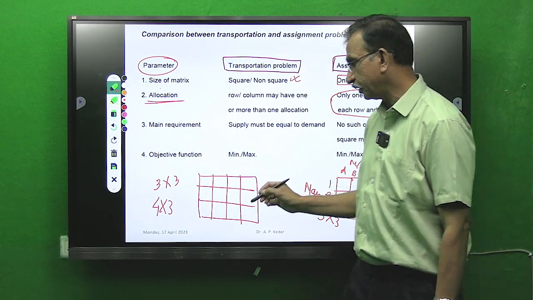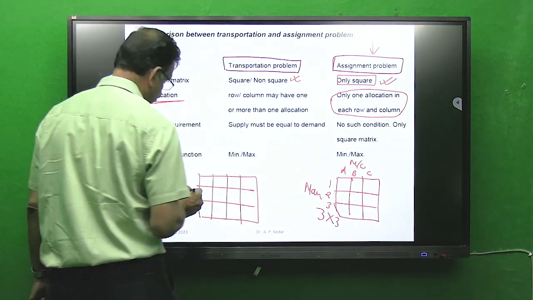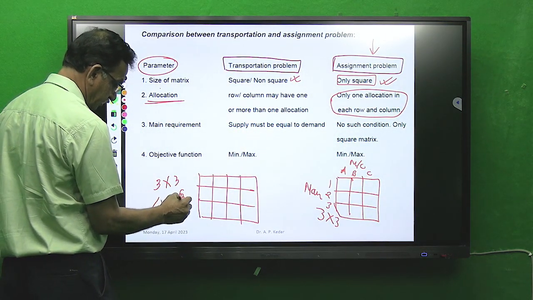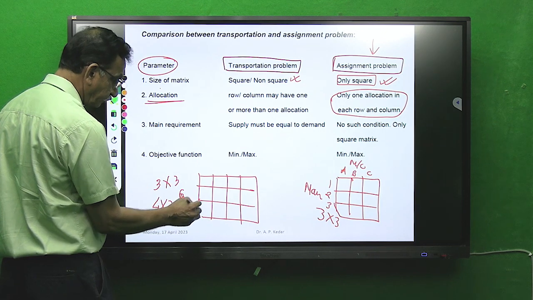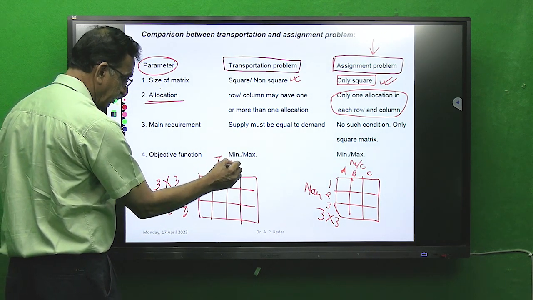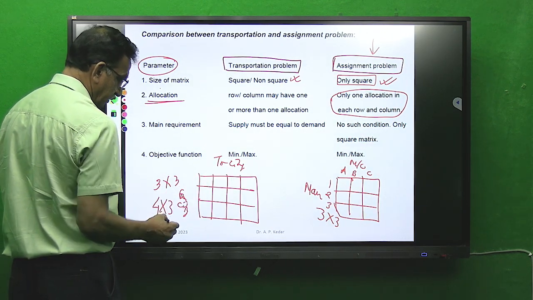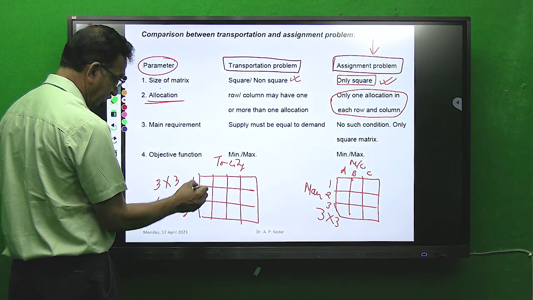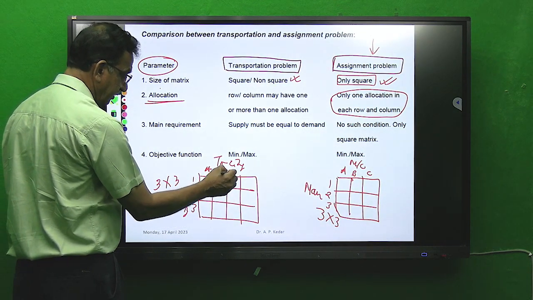But here suppose I am saying, for this it is from city and to city. From city, suppose I am writing 1, 2, 3 as the names of the cities, again A, B, C, D as the cities.